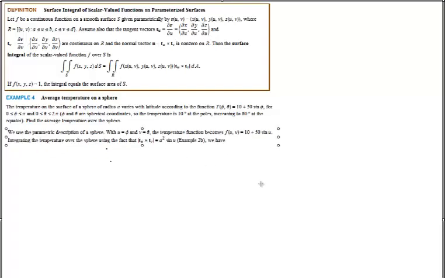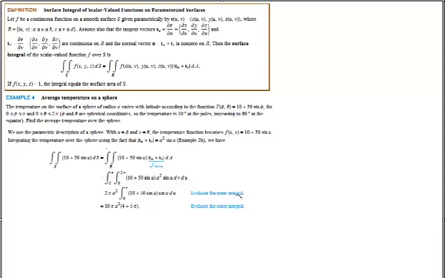We have the parametric description of a sphere with u equal to phi and v equal to theta, which then becomes our function in terms of u and v, this 10 plus 50 sine u. And we know that the magnitude of our normal vector is a squared sine u because we found that earlier. So now we can just plug in to our integral. And when we do that, it's just a straight up integral.